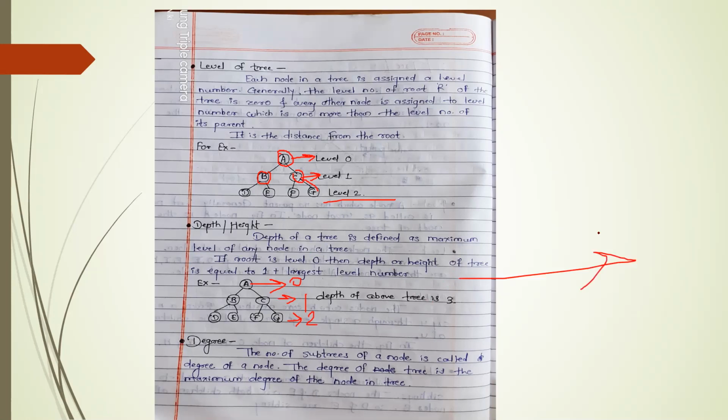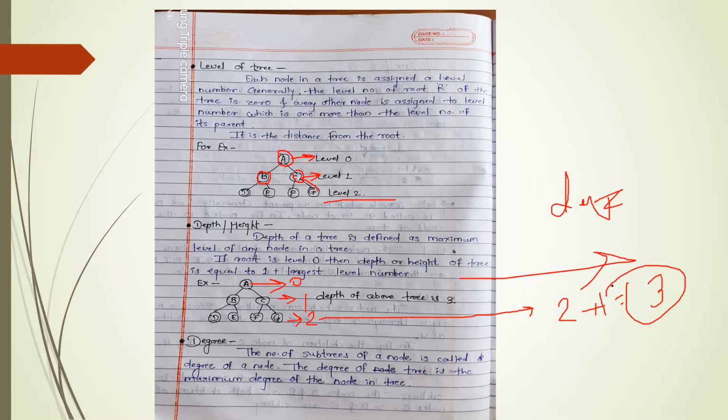Now depth of tree equals the largest level number 2 plus 1 equals 3. Means depth of the above tree is 3.